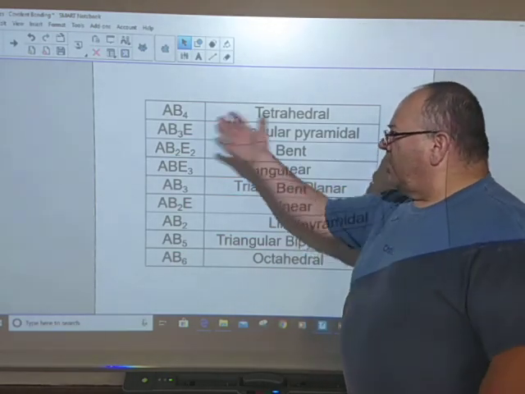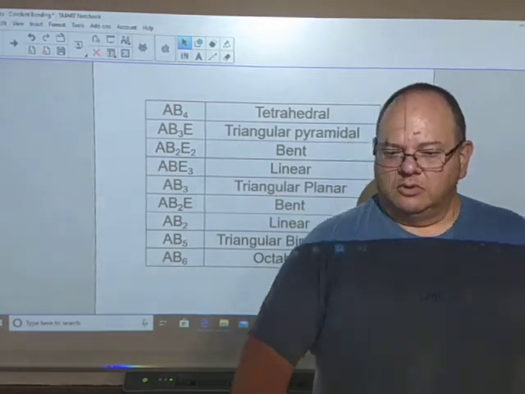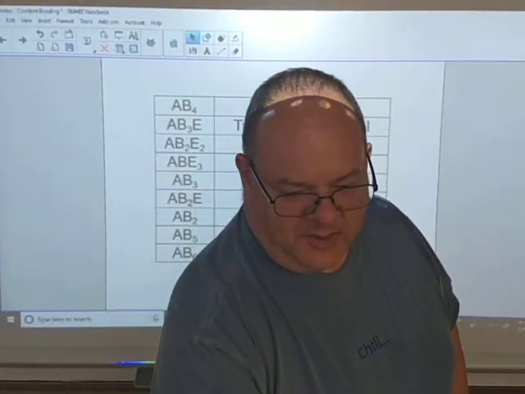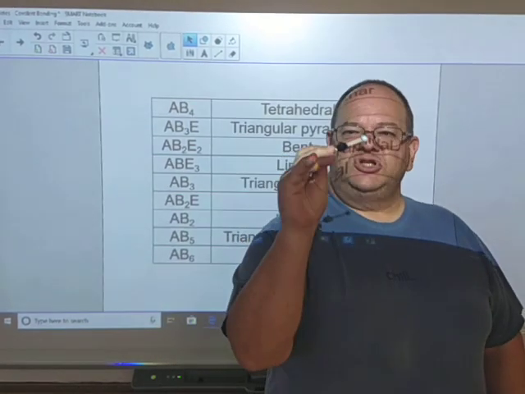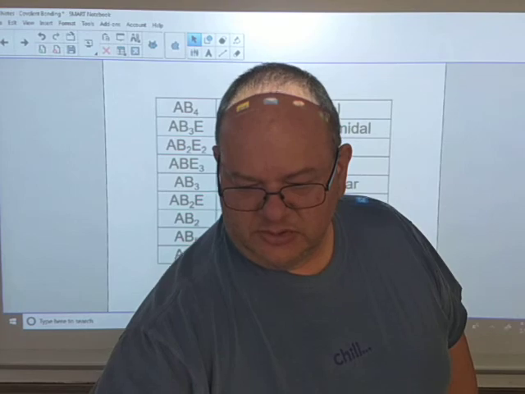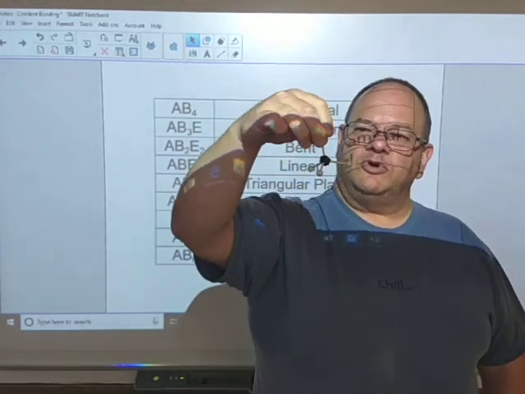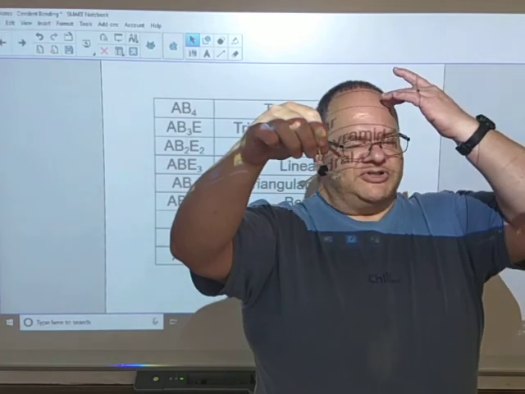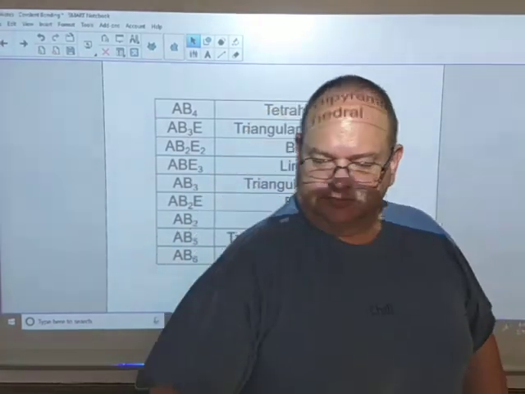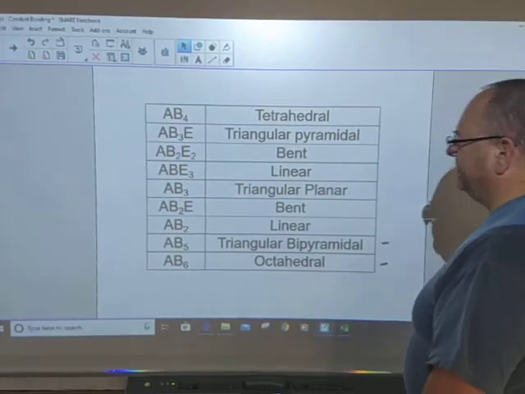One, you can memorize how this goes together. Or two, you can think about these things and say, gee, this looks linear. Gee, these are pointing towards the corners of a four-sided figure. Four-sided was a tetrahedron. Get the idea? All right.